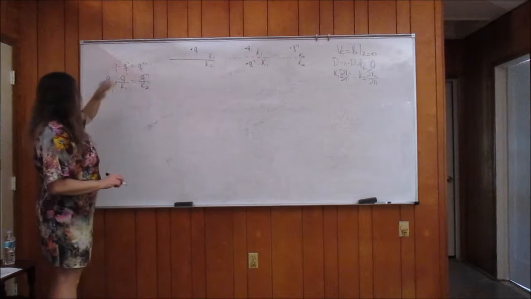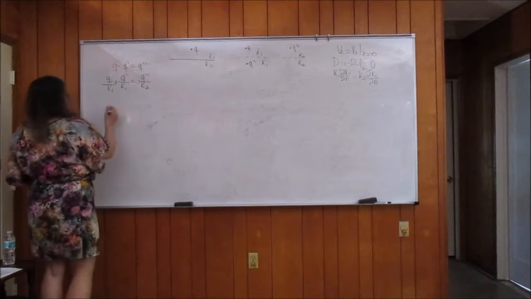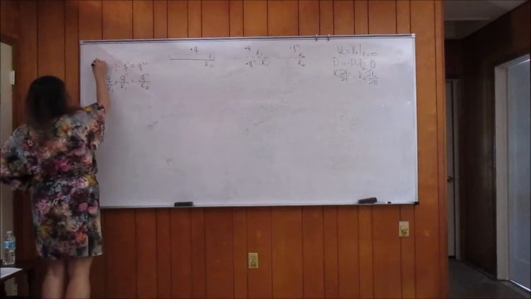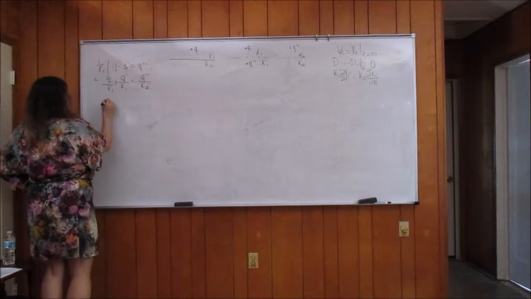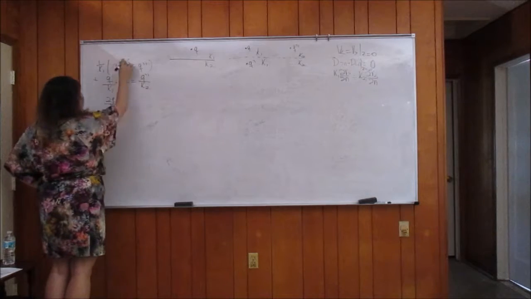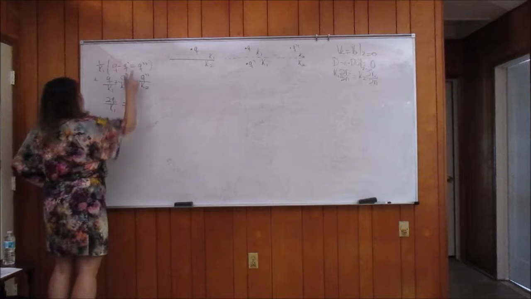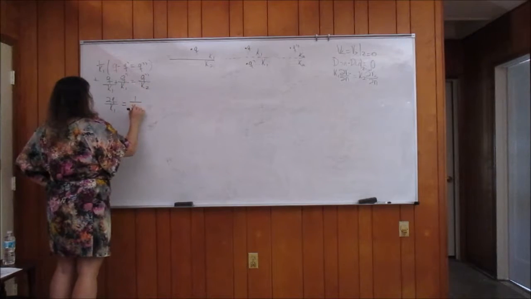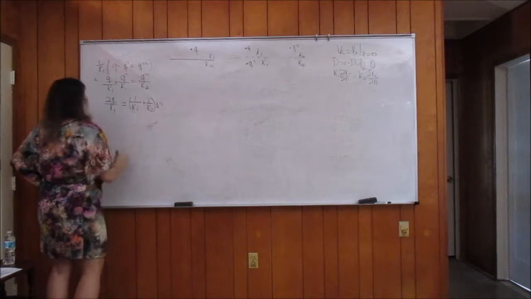Let's see, we divide the first equation through by k1 and add these 2 up. We will be left with this plus this, so this will be 2q over k1. Second term drops out. We'll have minus q prime over k1 plus q prime over k1. And then we'll have 1 over k1 plus 1 over k2 times q double prime.